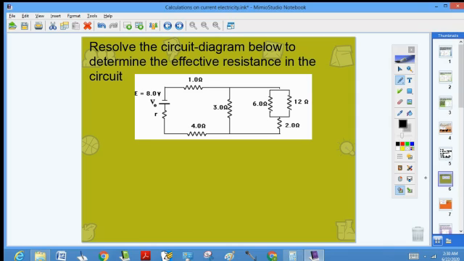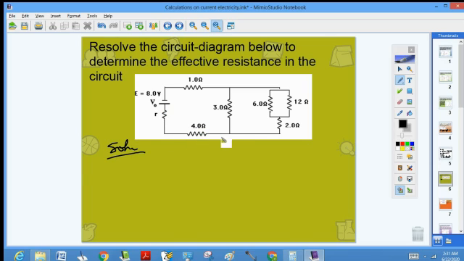We start by trying to determine the value of the resistance in parallel between this and that. That is the 6 ohm resistor and the 12 ohm resistor. So we have to determine their effective value. Solution.